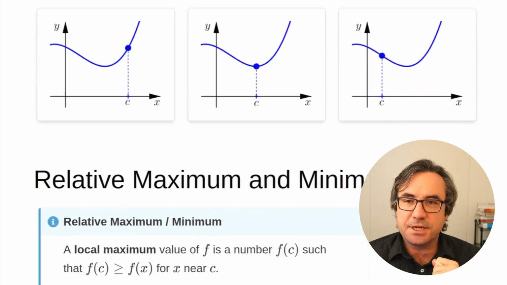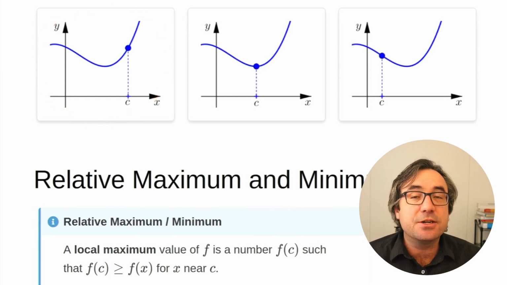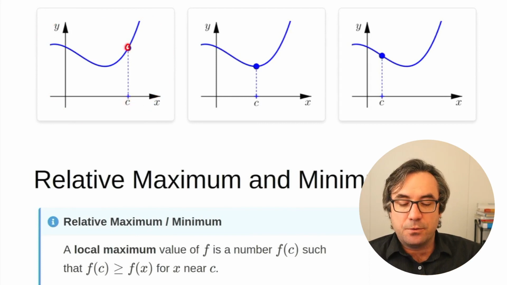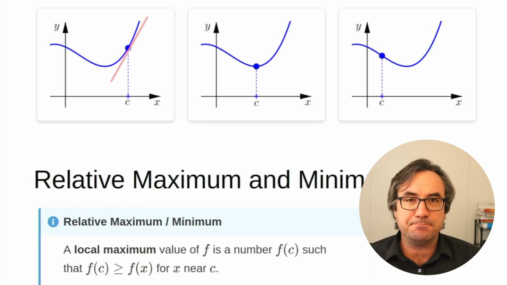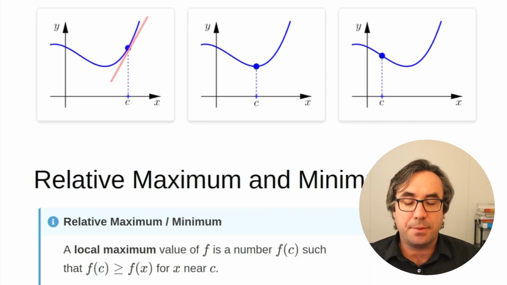So let's look at this first graph. We want to figure out if this function is increasing or decreasing at x equals c. A way to tell is we find the corresponding point on our graph, and then we draw our tangent line at that point. So our tangent line will look something like that. And what we see here is that our tangent line is pointing up.